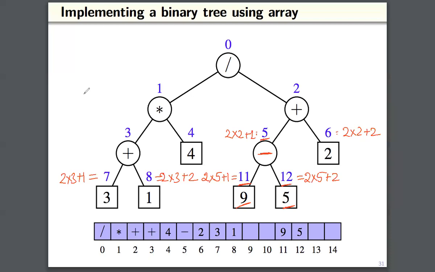So for any node with index i, the indices of the child nodes are 2i plus 1 and 2i plus 2. Simple, right? But the example is more intuitive.